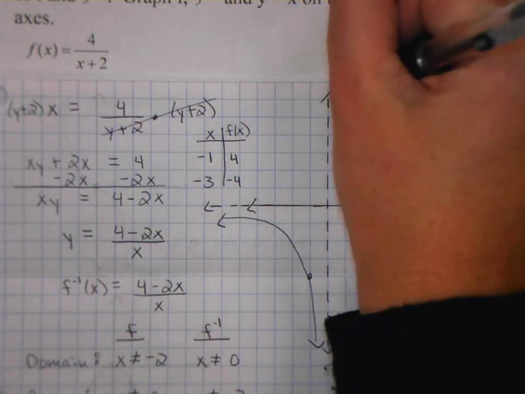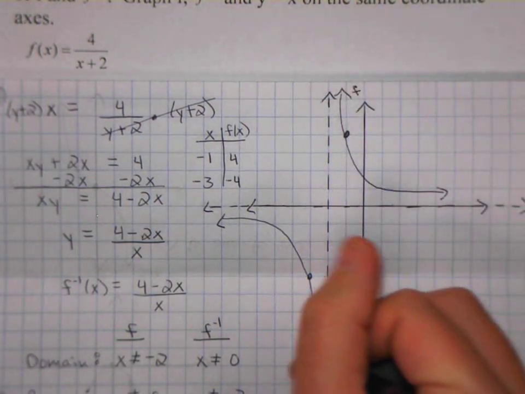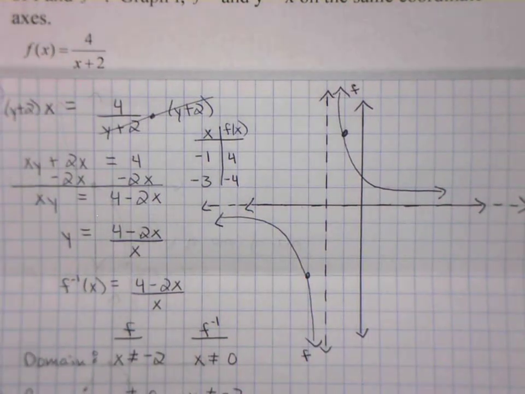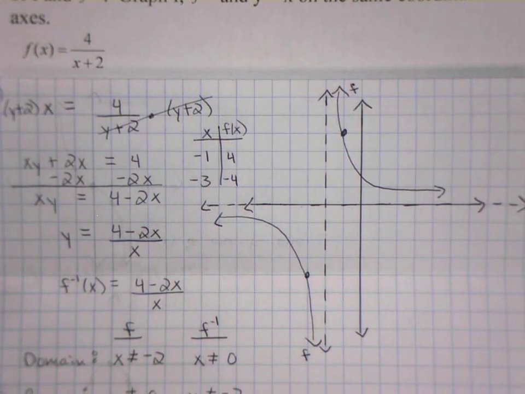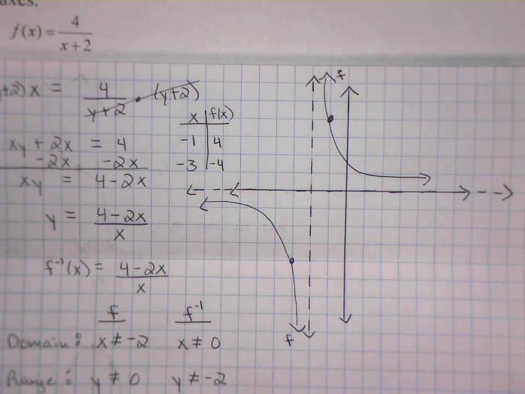This is f, this is f. To graph the inverse, I would again just kind of flip my x's and y's. I'd also have to flip my asymptotes. So instead of having an asymptote at y equals 0, now I have an asymptote at x equals 0, which would be, and maybe I can use, I guess, just a highlighter to graph this one.